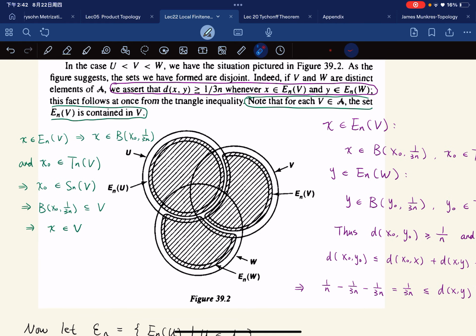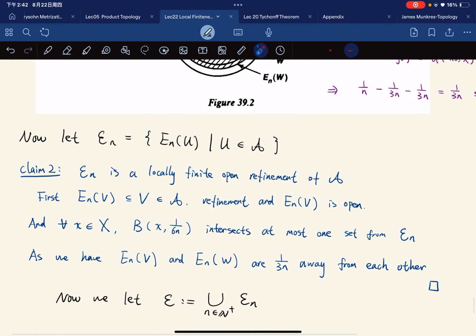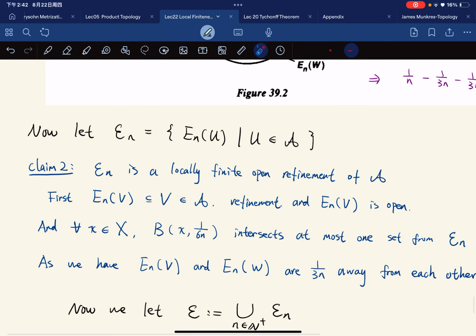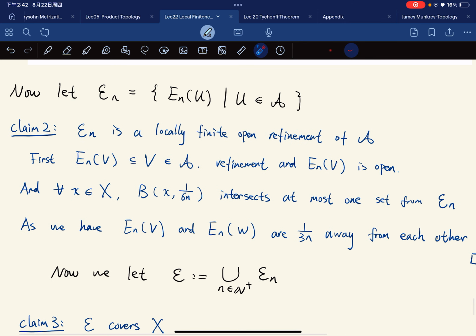So now we just let epsilon_n be all the E_n,U where U is in A. So we have a second claim that it is a locally finite open refinement of A. First, from here we already have it is a refinement, right? For any E_n,V, it is contained in some V in A. And each E_n,V is open. So this is checked.